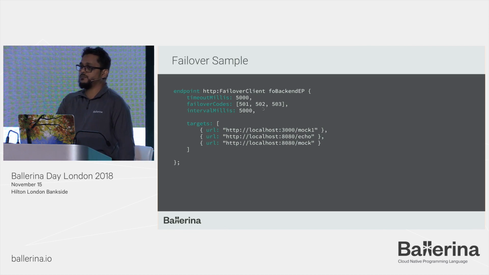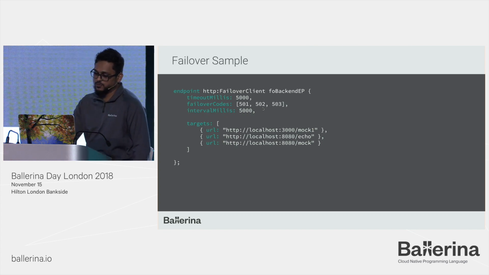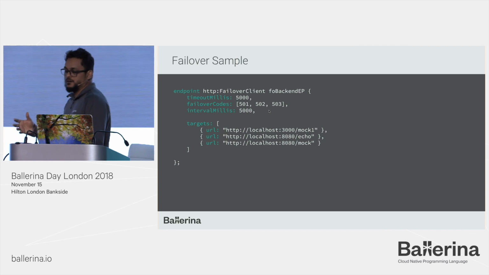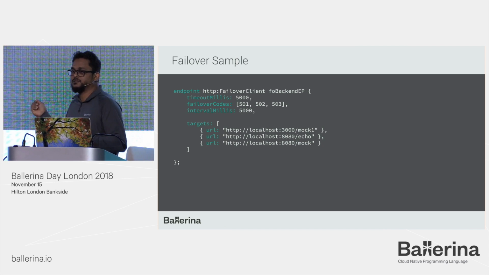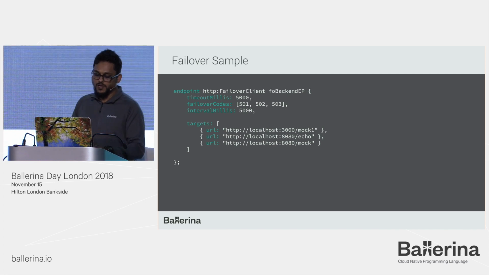Based on these codes, and in addition to the timeout, we will consider these factors for failing over. So if the backend endpoint returns a 501, 502, or 503, or if there was a timeout, we will try to fail over to the next one.